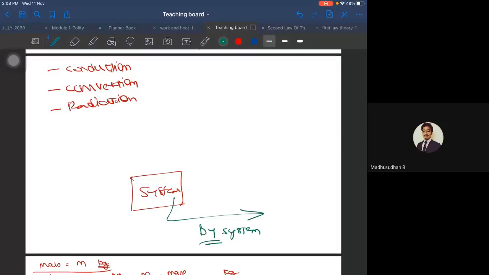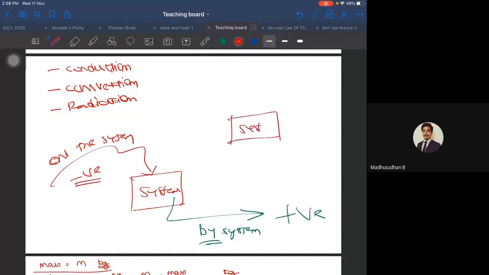Positive. Very good. Similarly, if work is done on the system, it is negative. Now I will be talking about the sign conventions of heat. You are very much familiar with the sign conventions of work.